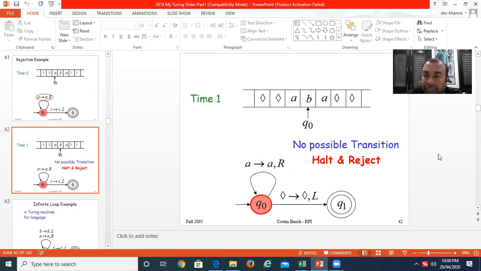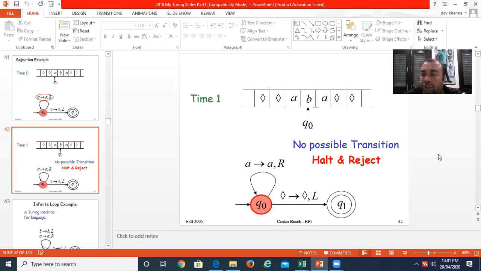That is the case of a partial transition function, defined just before, 8 or 10 slides back. B is not required in A star. So if B occurs on the tape, the machine halts here.